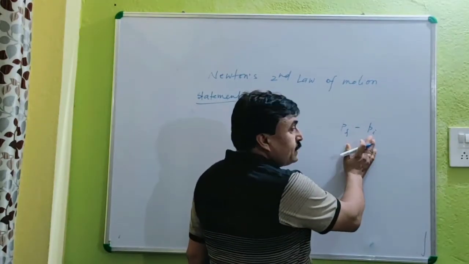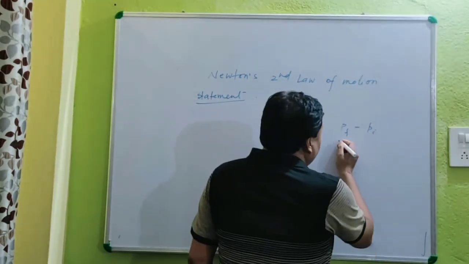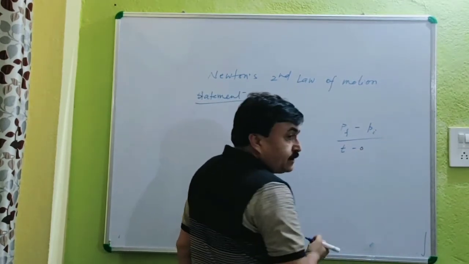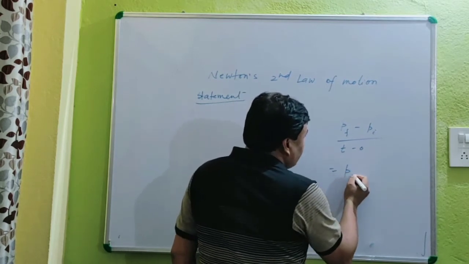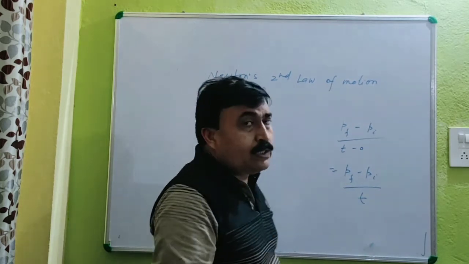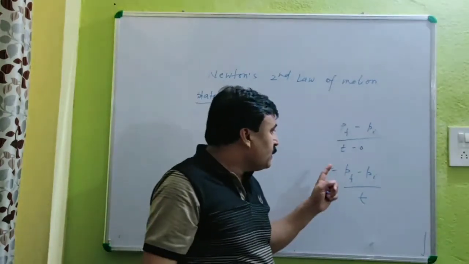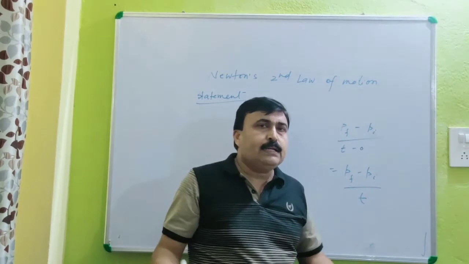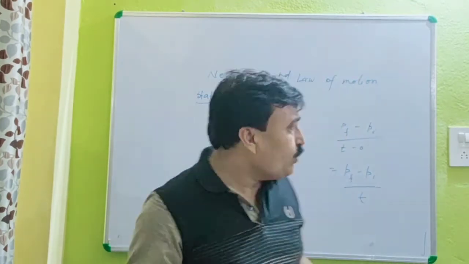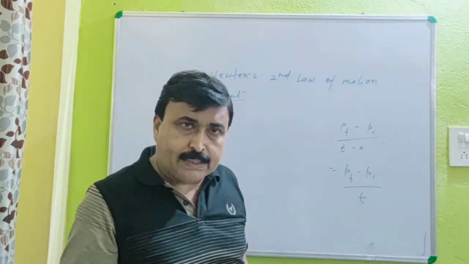Final momentum minus initial momentum is the change in momentum, and dividing by the time interval t minus 0, that is tf minus ti, we get the rate of change of momentum.